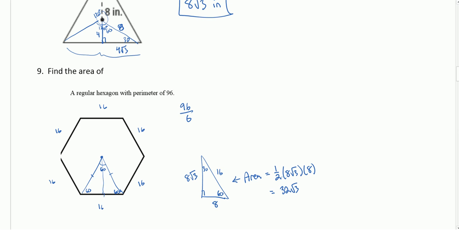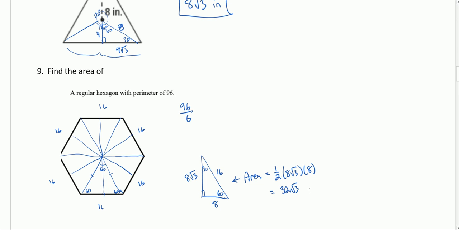And our hexagon can be split into 12 of these triangles. So 12 of the right triangles, 6 of the equilateral triangles, but each equilateral triangle is 2 of these right triangles.